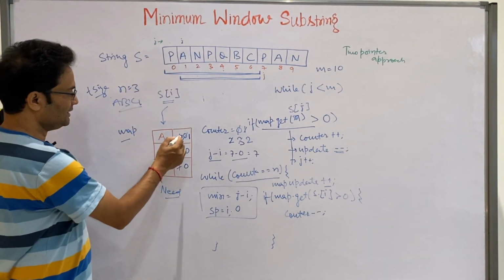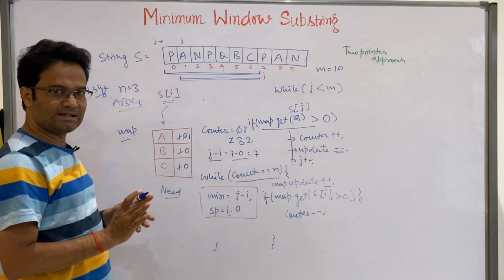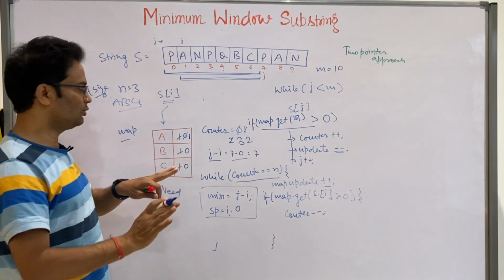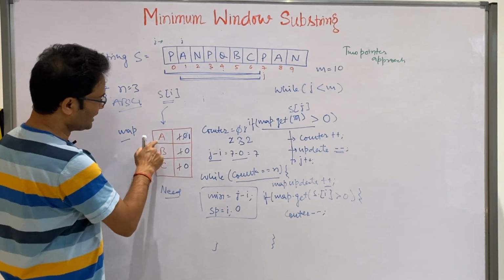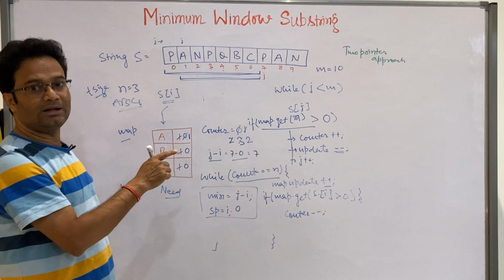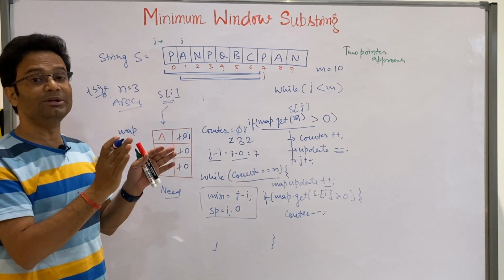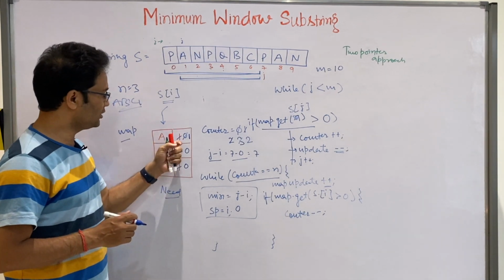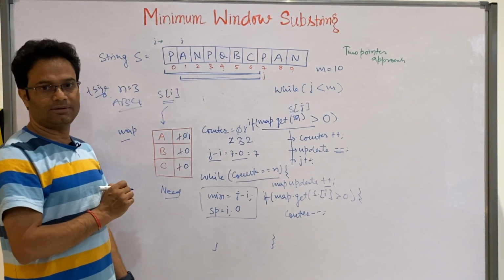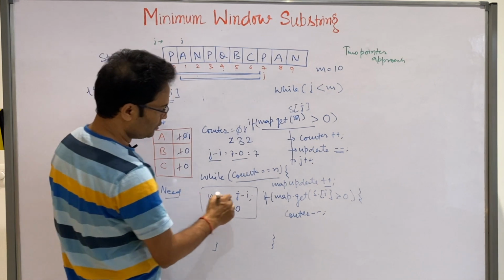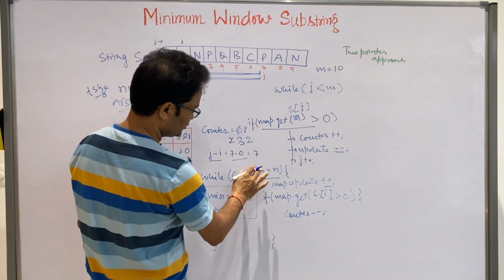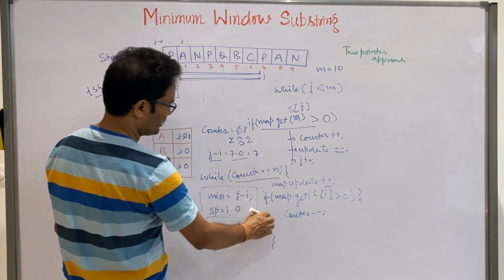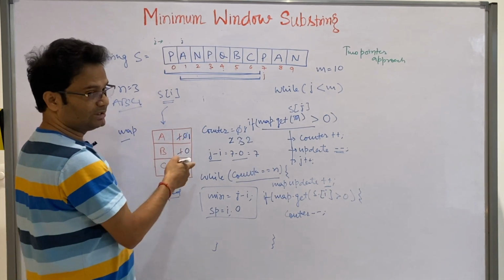So now this counter becomes 2. The moment it is 1 here, it is saying that okay, you have already got a window, but if you can get one more A, the possibilities are there that we can minimize the window. That's why it is asking if you can find one more A. Now your counter becomes 2, so this condition will not be satisfied. We can again move the j.